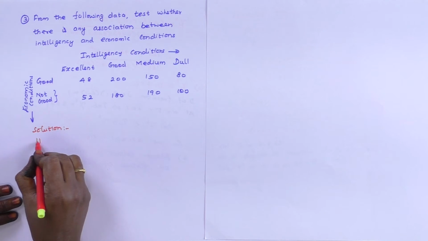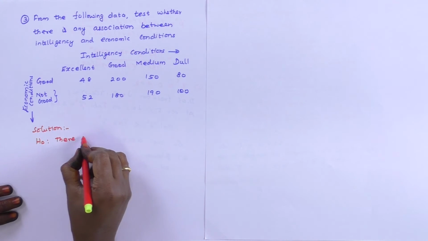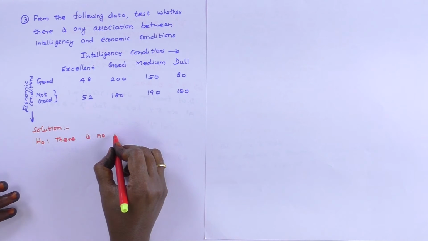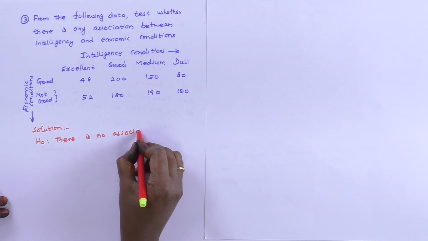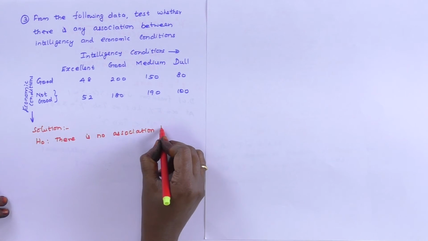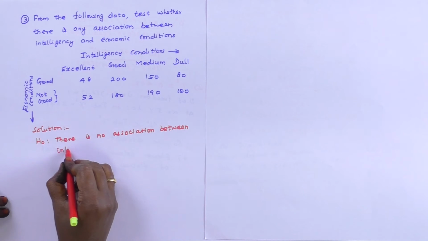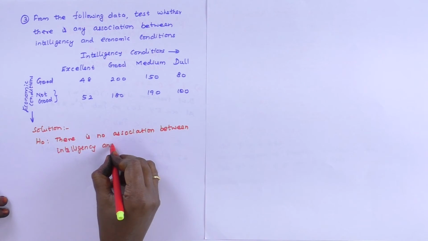First we set up H0: we assume there is no association between intelligence and economic conditions.